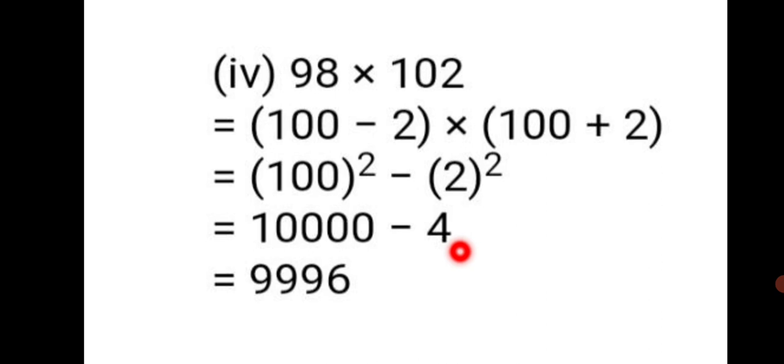We have solved it further. 10,000 minus 4 is equal to 9,996. You got it? 100 square means 100 into 100, and 2 square means 2 into 2, 4. So this way 98 into 102, we got our answer as equal to 9,996.